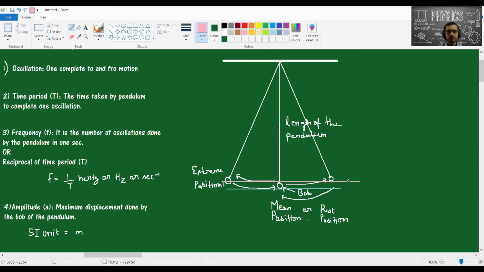Clear? And this difference from here till here, this displacement is horizontal displacement.